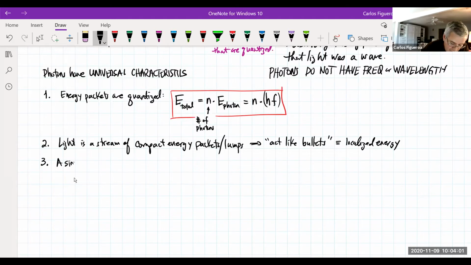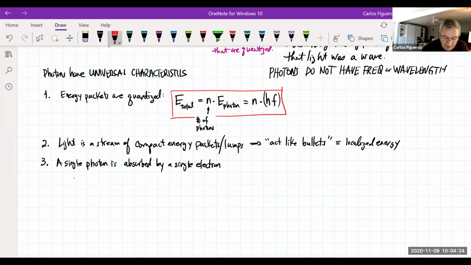A single photon is absorbed by a single electron. Let me say this loud and clear. A single photon is absorbed by a single electron. Not true.